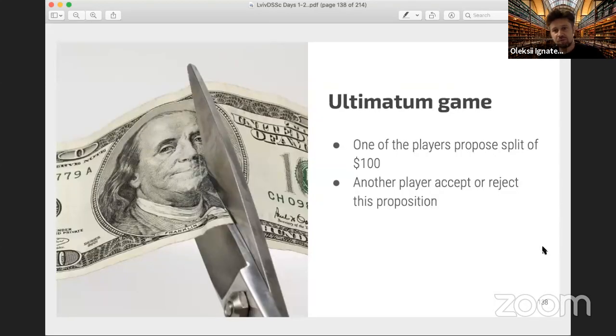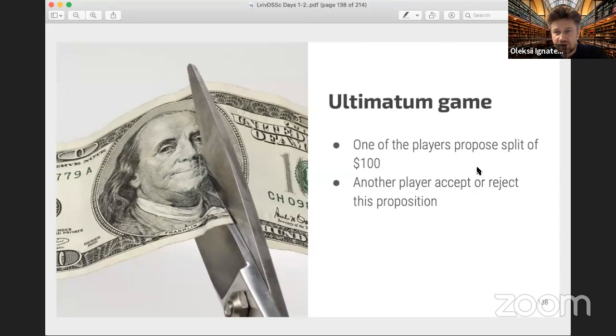I want to tell you about two models, just to show you how real people differ from the modeling and algorithms. It is the famous ultimatum game, and it's surprisingly simple. We have two players, and one player can propose a split of 100, usually $100.